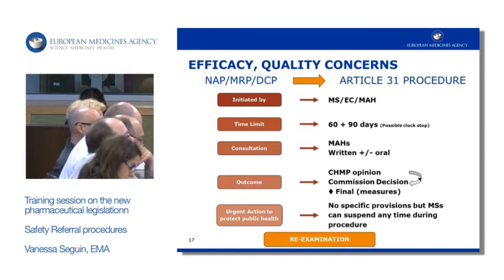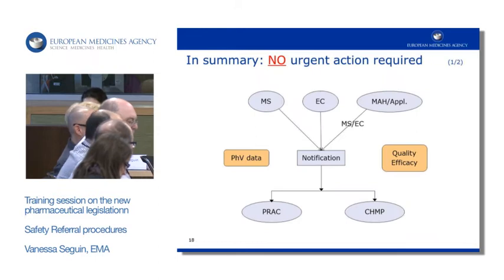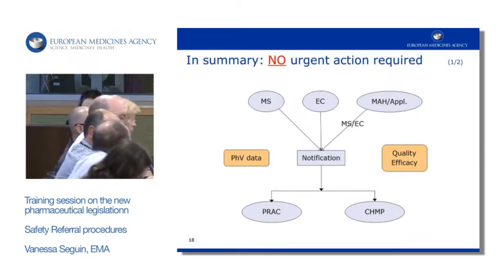The consultation is the MAH without the possibility of public hearing, and the outcome is a CHMP opinion due to pure CHMP involvement. And the urgent action to protect public health is the same one. Member state can suspend the marketing authorization at any time. Re-examination, again, possible.